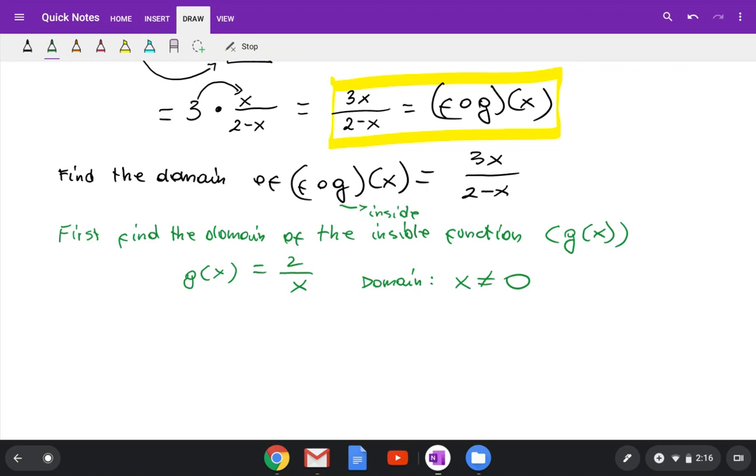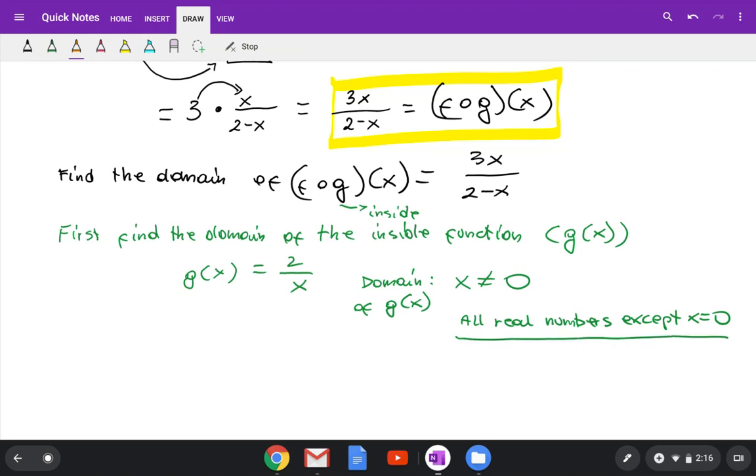So the domain of g is all the x's except 0, which I'll just put that way: all real numbers except x equals 0. So that's the domain of g of x.